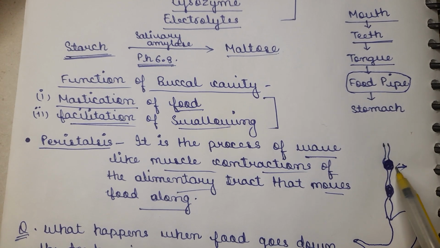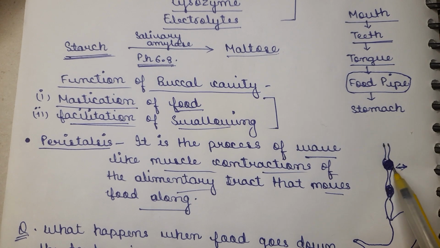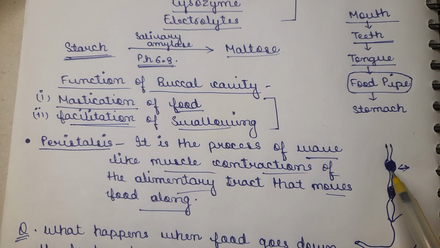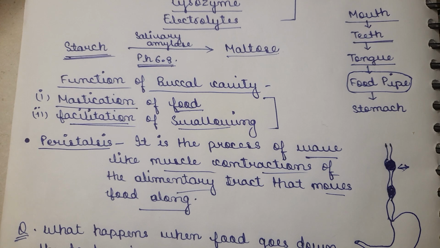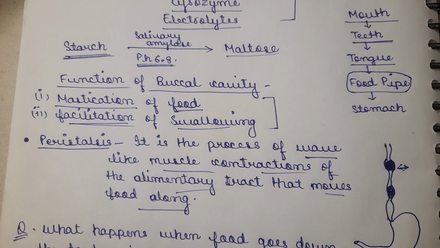So if food is present here, it means that the muscle contraction or dilation will remain here at this instant, and from here when it passes downward, then the muscles also dilate from here, and before it comes back to its normal position. So this is how food gets passed into the food pipe through the process of peristalsis.